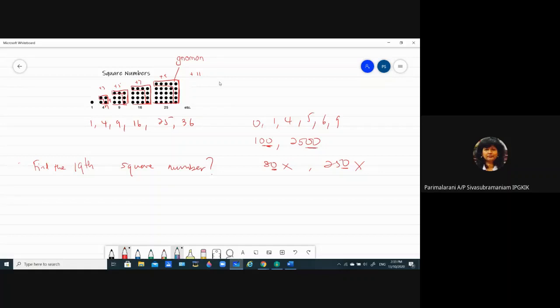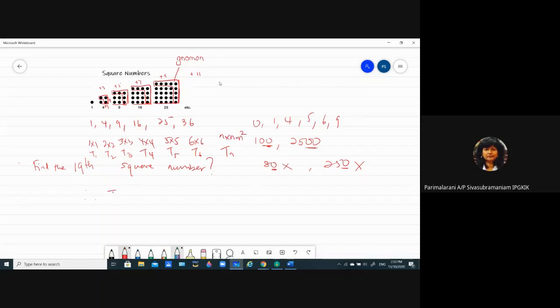If you see the first number here, it's 1 times 1, right? Second number, 2 times 2. T3 will be 3 times 3. T4 is 4 times 4. T5 is 5 times 5. Term 6 is 6 times 6. So the nth term will be n times n, which is n squared.